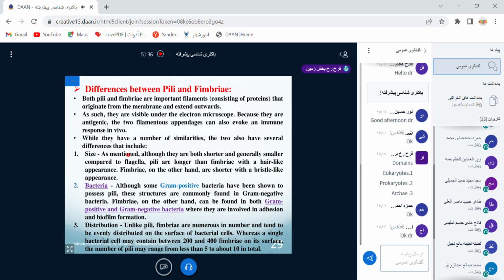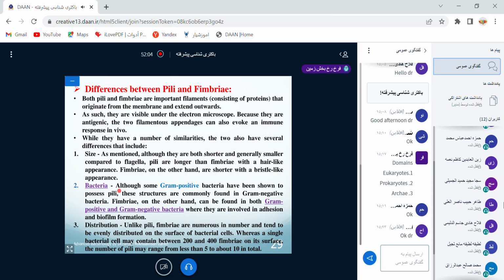1. Size. Although they are both shorter and generally smaller compared to flagella, pili are longer than fimbria, with a hair-like appearance. Fimbria, on the other hand, are shorter with a bristle-like appearance. 2. Bacteria.